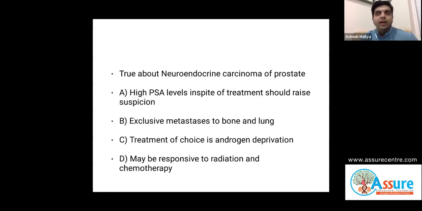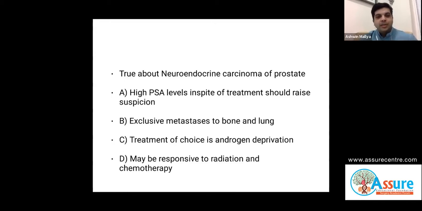So whenever you get a hard prostatic mass and the PSA levels are normal, it should raise a suspicion of neuroendocrine carcinoma of prostate. High PSA levels are almost never seen. I mean, if they are coexisting, it's a different matter. Or if the adenocarcinoma has de-differentiated into something like this, then it's a different matter. But high PSA levels, in spite of treatment, should raise suspicion is a false option. It is not a true option.